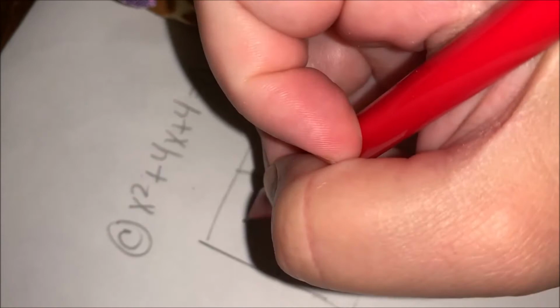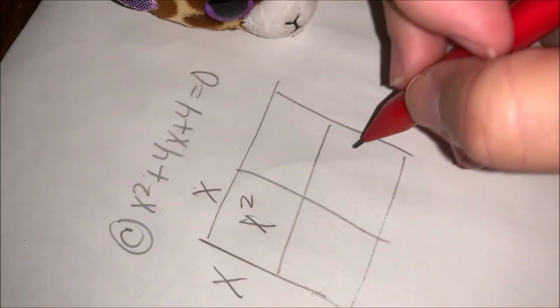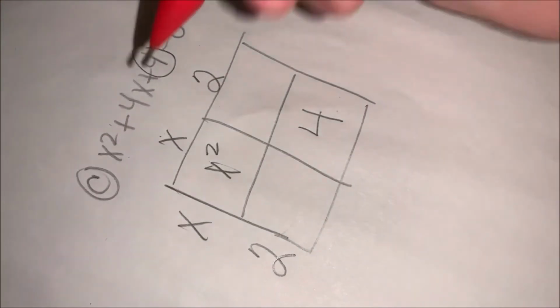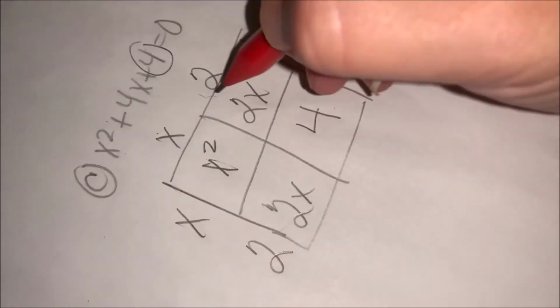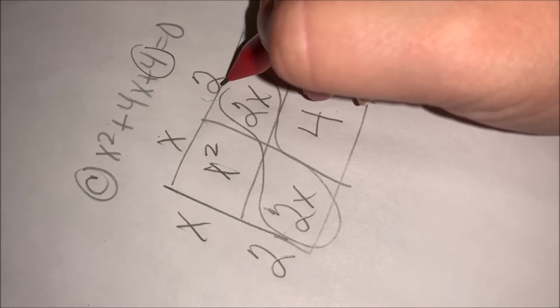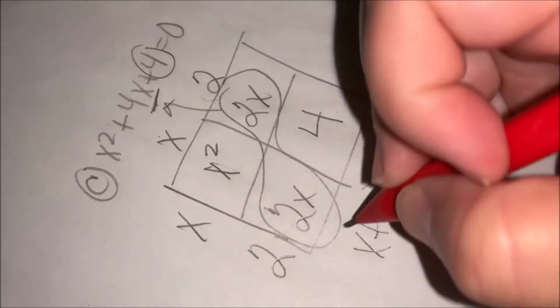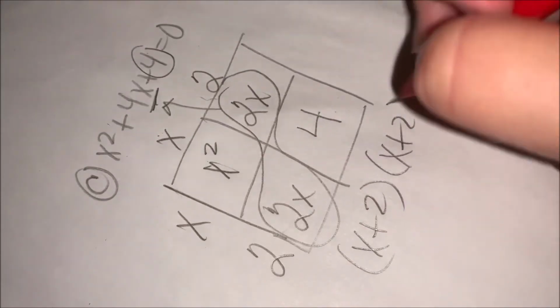Now I'm going to try C. So I have x squared, so I know x times x is x squared, and I'm going to have 4. And I know that 2 times 2 is 4. And so that would give me 2x and another 2x, and these together would give me the 4x. So I have x plus 2 and x plus 2.